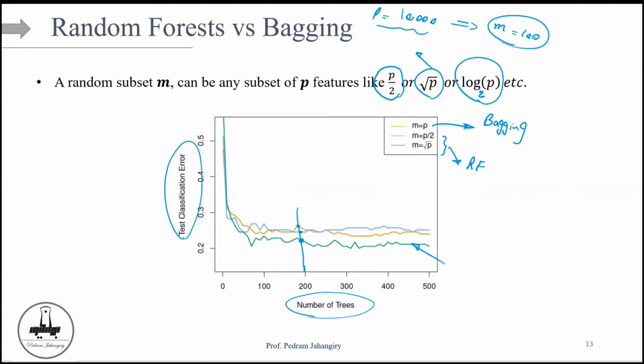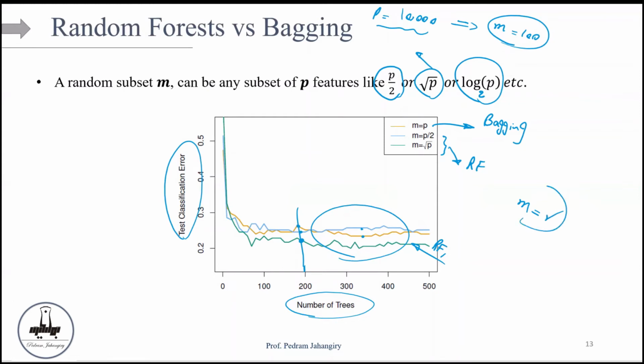So as you can see, it seems that the random forest model number 1 is always outperforming the bagging, and bagging is outperforming the random forest model number 2, right? So again, depending on how we pick M, the random forest can outperform bagging or not, at least in this example.